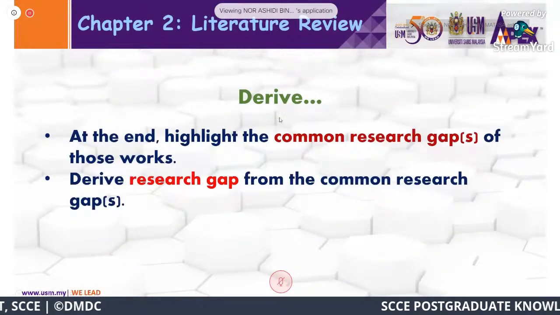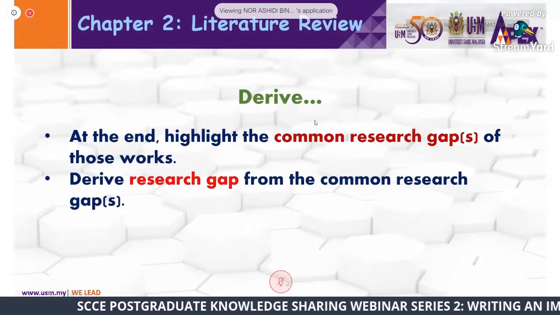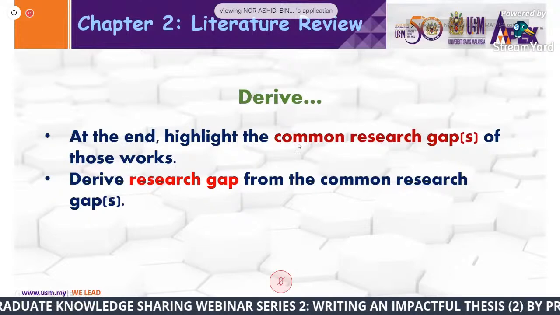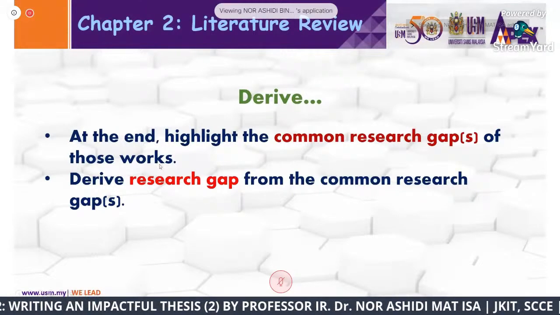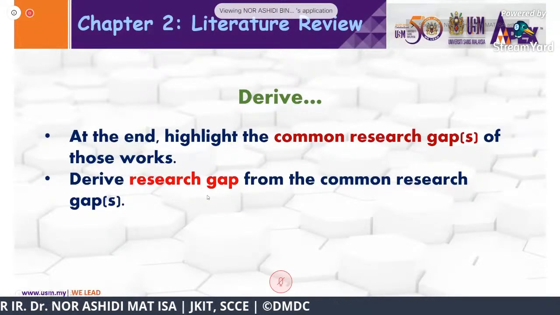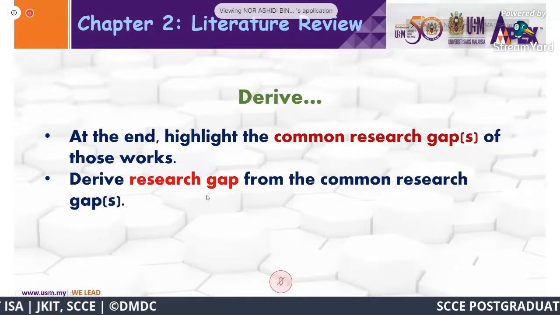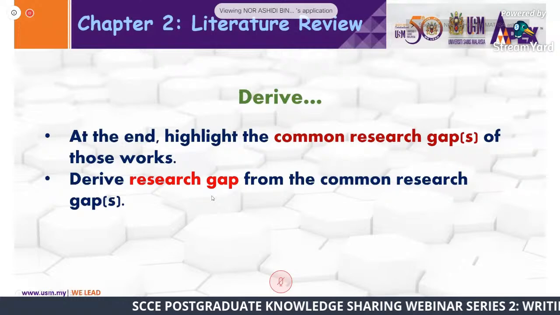And then at the end of the day, there must be the final element in your literature review, which is derivation. What is derived? At the end, you must highlight the common research gap of those works, and this research gap will be your research gap. Let's say I give you an example for the systems.